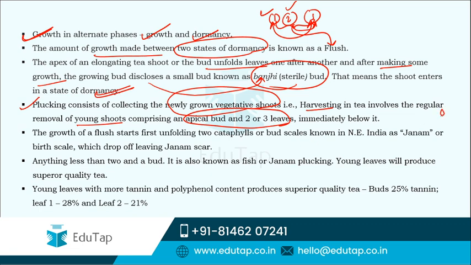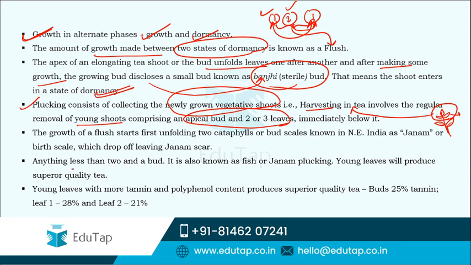See, if this is the bud, it has two leaves here. This is generally called the fish leaf, and these are the mother leaves and all other leaves. This is what is generally plucked or harvested, that is called harvesting in tea.